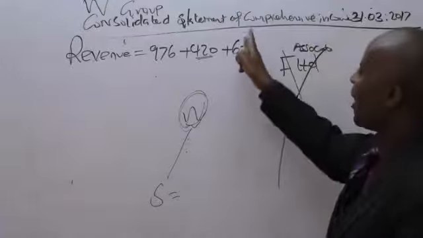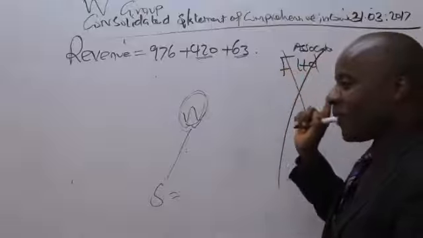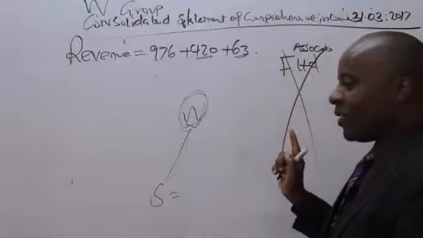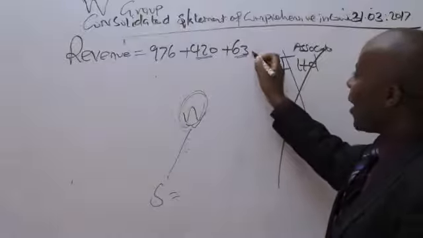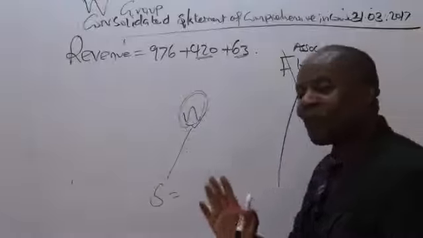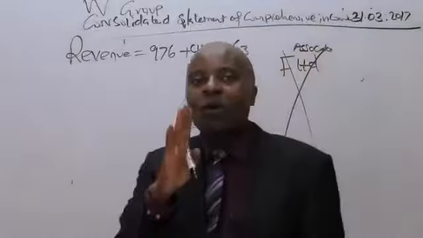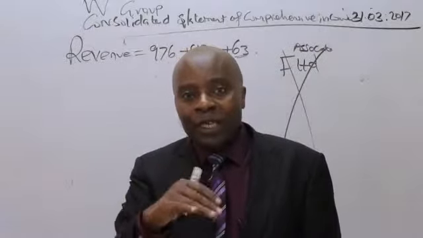Remember, the statement of income only looks at the performance of 1 year. So don't ask, if it acquired F 3 years ago, why can't we multiply this by 3? No. Only 1 year. I'm only concerned with proration whenever we stay with a subsidiary for less than 12 months.